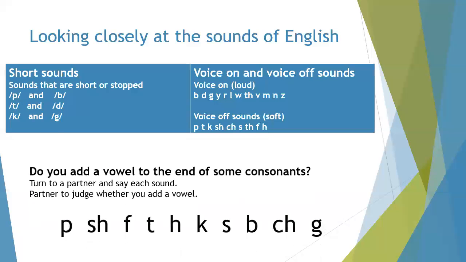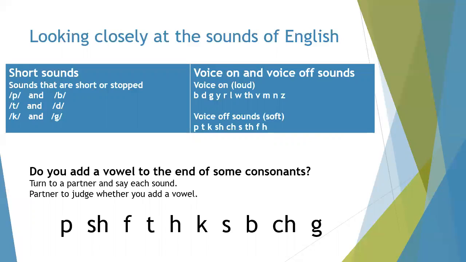But sometimes as teachers, we have a very bad habit of adding the schwa, adding a vowel sound when we're talking about sounds. So have a go at saying some of the sounds that these letters represent. For example, when you project, when the sound is actually an unvoiced sound, so voice off, but you need to have everyone in the class hear it, you go puh or shuh or fuh instead of p, sh or f.